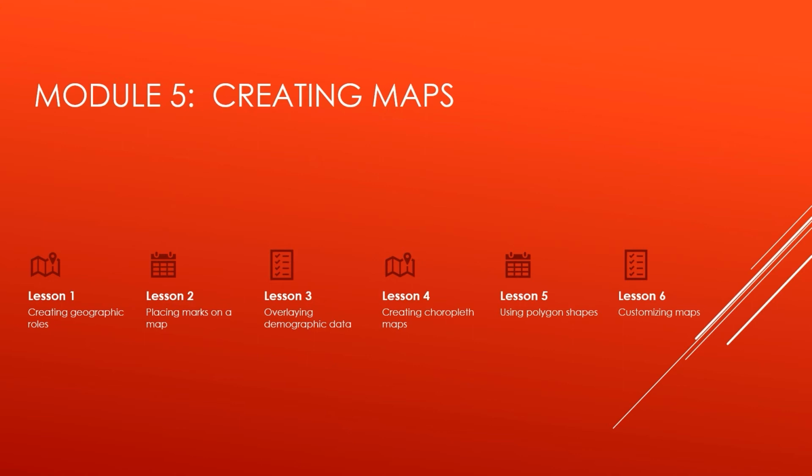Then we'll move on to overlaying demographic data. In the fourth lesson, you'll learn how to create a Choropleth map, which just simply means a filled map. In lesson 5, you're going to learn how to use Polygon Shapes on a map, and we'll do some further customization of maps to end this module.